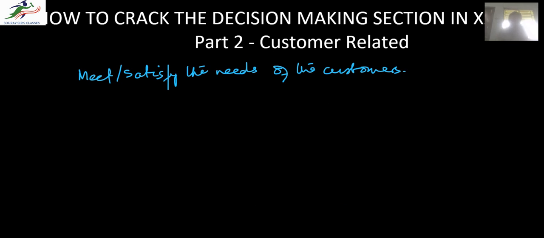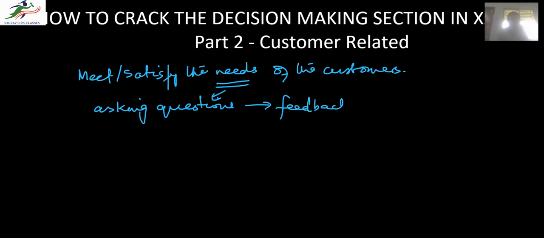The only way you can understand the needs of the customer is by asking questions. That is why you see feedback forms and surveys being conducted, from which the companies gather the needs of the customers.